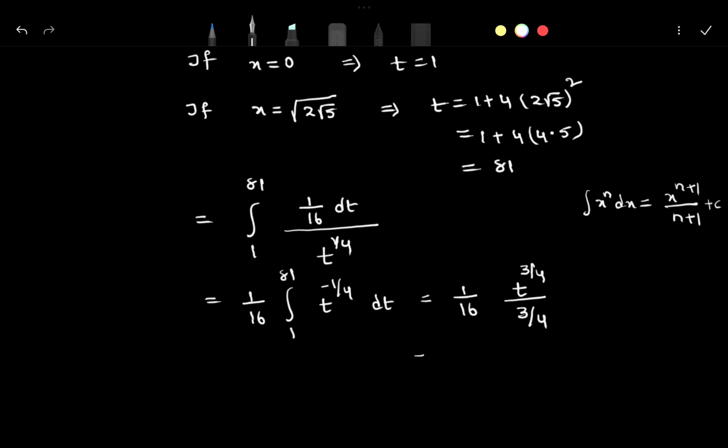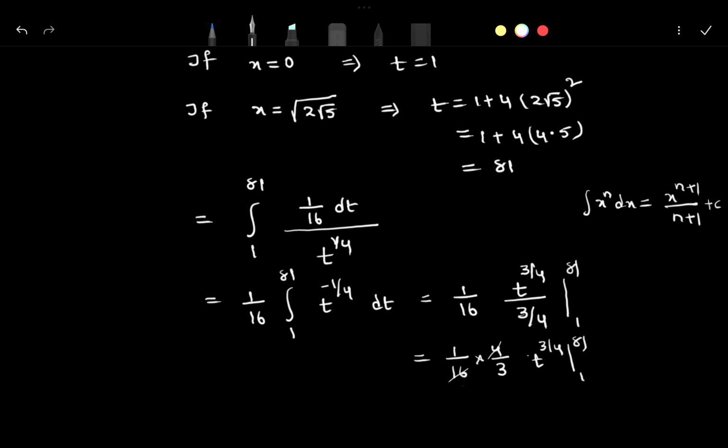Now here you can write 1/16 into 4/3 into t^(3/4), with the limits 1 to 81.